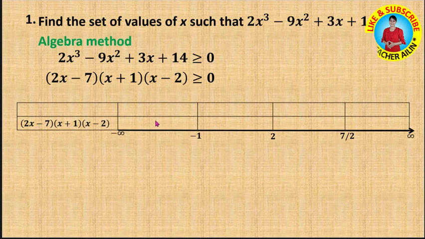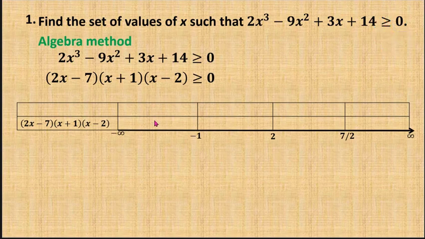First, I start from the first region. In this first region, one value of x is chosen from -infinity to -1. This value of x is then substituted into the polynomial. Let's say -2 is chosen. When -2 is substituted into the factor 2x minus 7, I got -11.